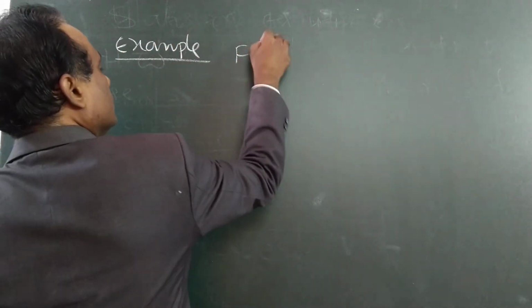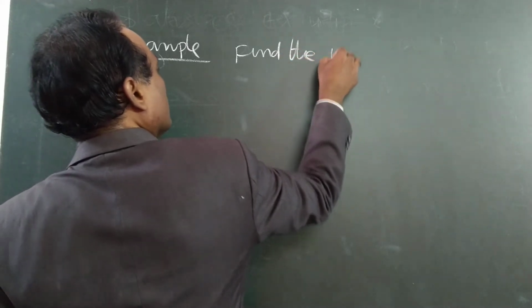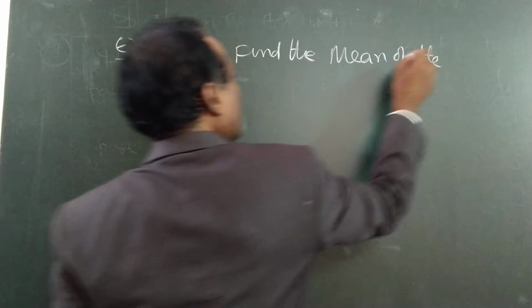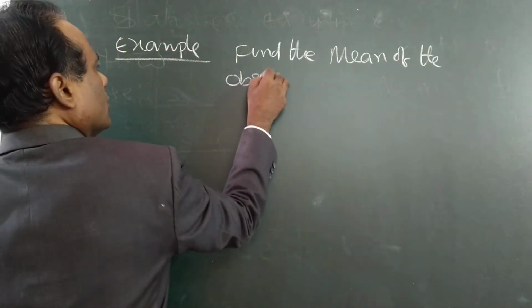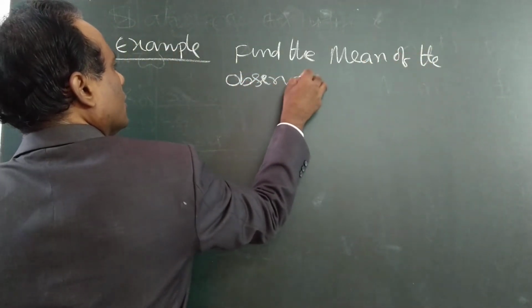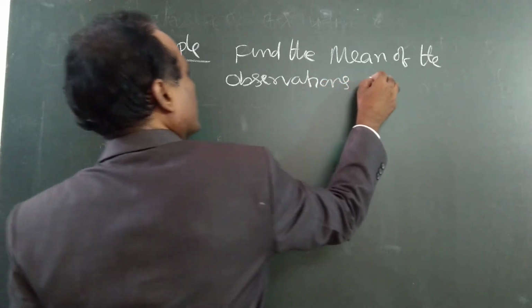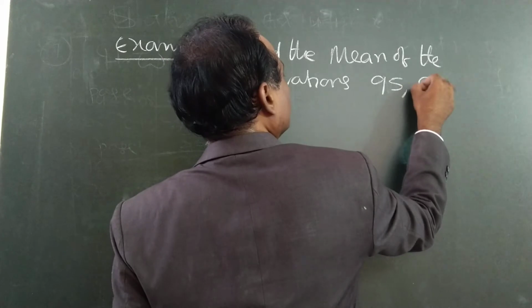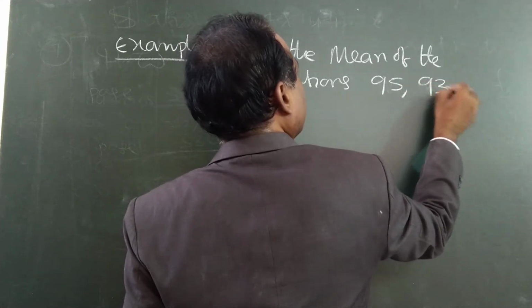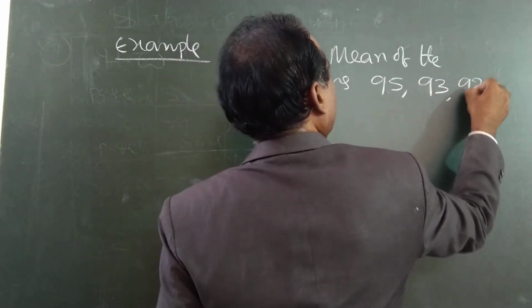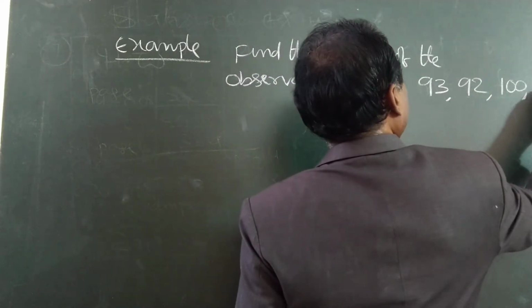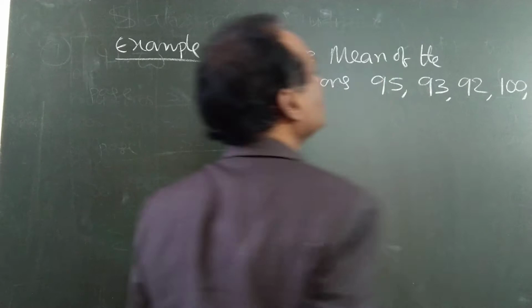Find the mean of the observations: 95, 93, 92, 100, 98, 90.